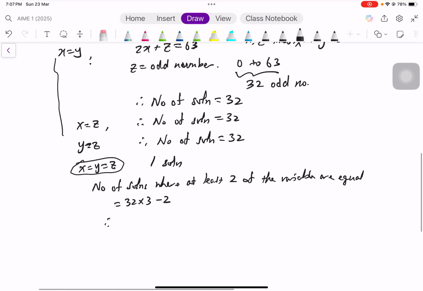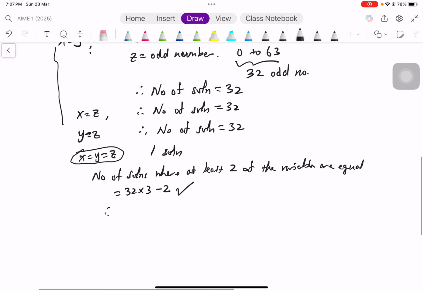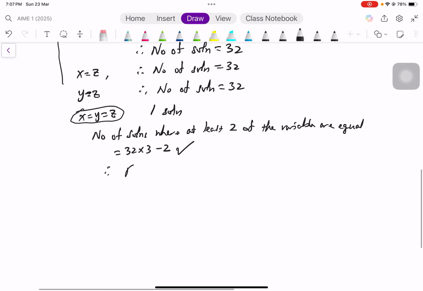Therefore, the required solution is 65 times 32 minus 32 times 3 minus 2.